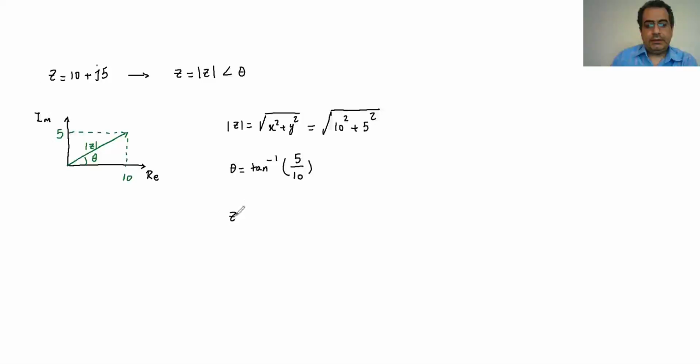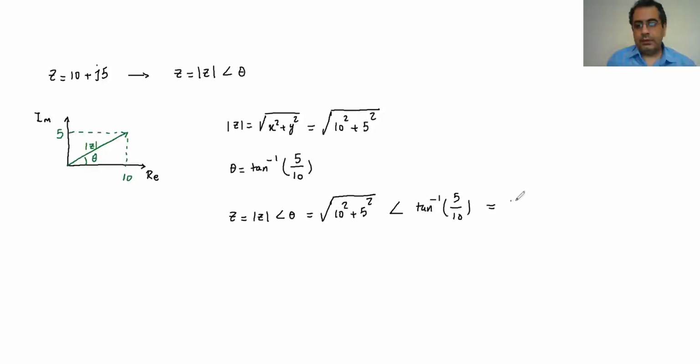Then z is going to be the magnitude of z and angle of theta, which is the square root of 10 squared plus 5 squared, with the angle of tangent inverse of 5 over 10, which, if I'm right, is going to become 11.18 with the angle of 26.57.